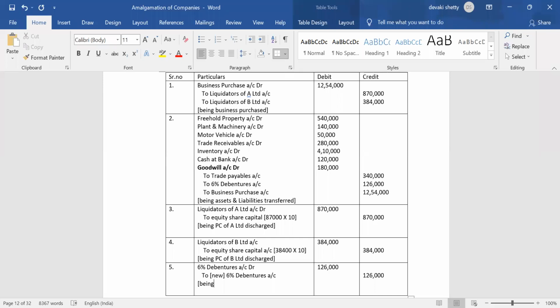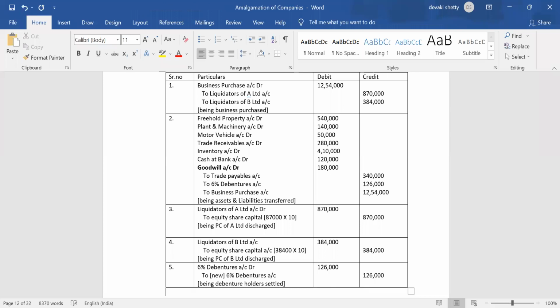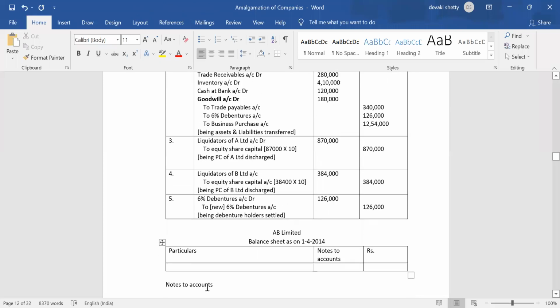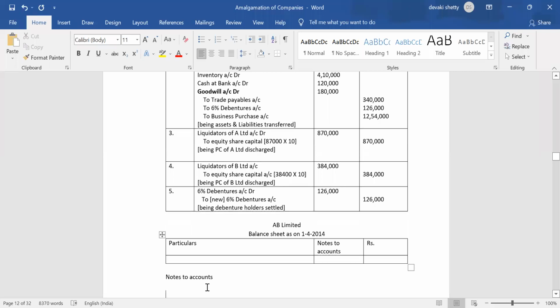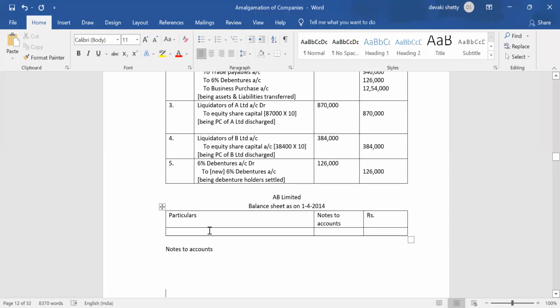Here debenture holders are settled. बी लिमिटेड का डिबेंचर को कैंसल करके ए बी लिमिटेड में न्यू डिबेंचर्स इशू किया. विद दिस जर्नल एंट्रीज आर डन, और कुछ नया इज नॉट गिवन रिलेटेड टू न्यू कंपनी. So now what we will do, we will prepare balance sheet.